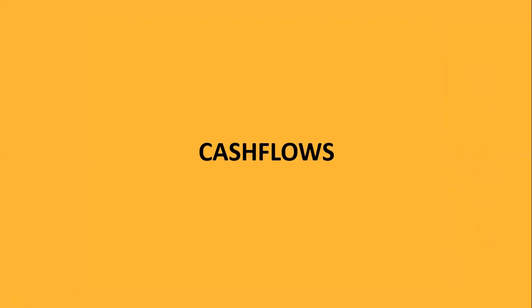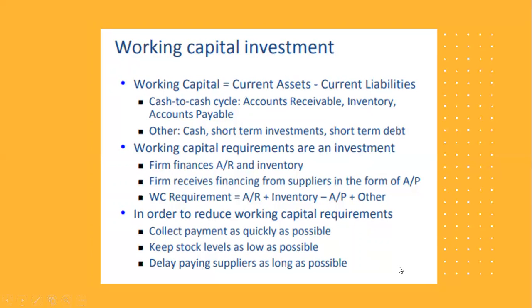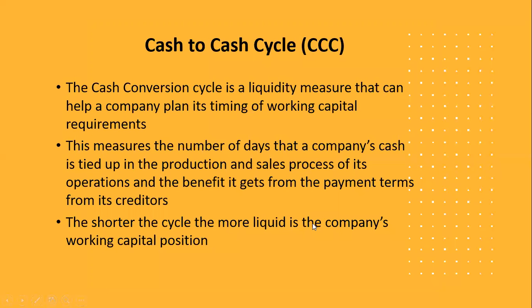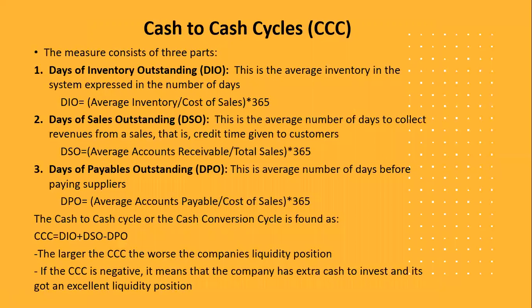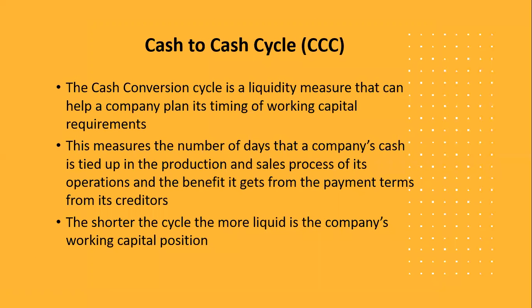Very important to really know this. This formula, accounts receivable plus inventory minus accounts payable, is to a large extent also known as the cash conversion cycle. The cash conversion cycle is a liquidity measure that can help a company plan its timing of working capital requirements. It is usually measured in number of days.